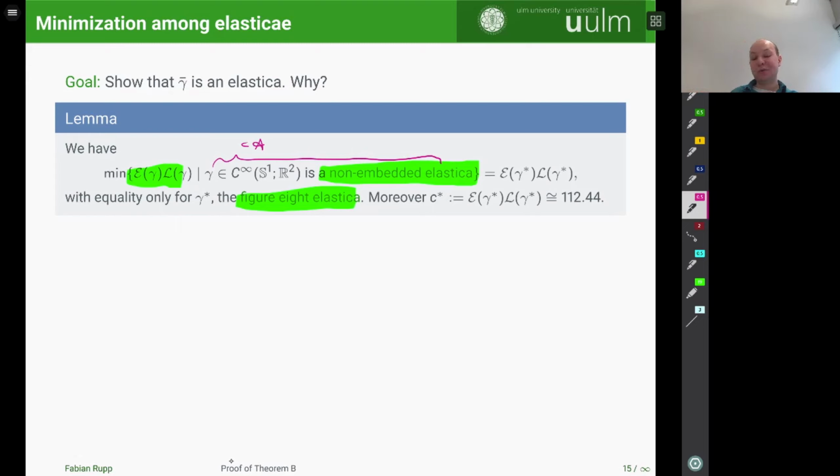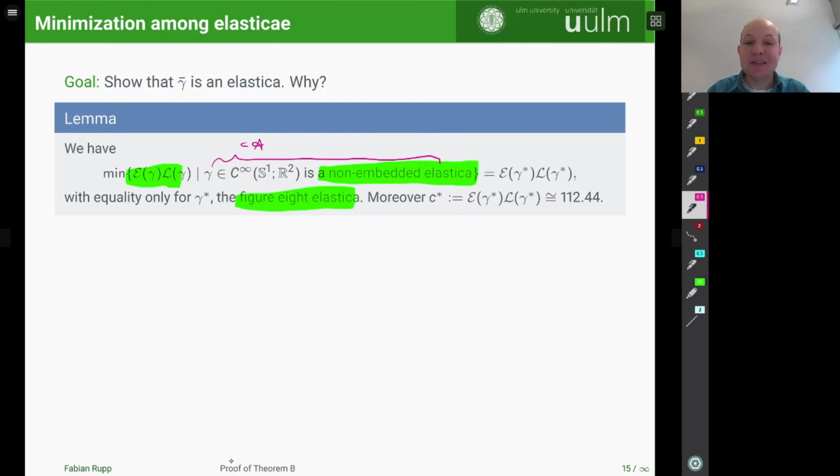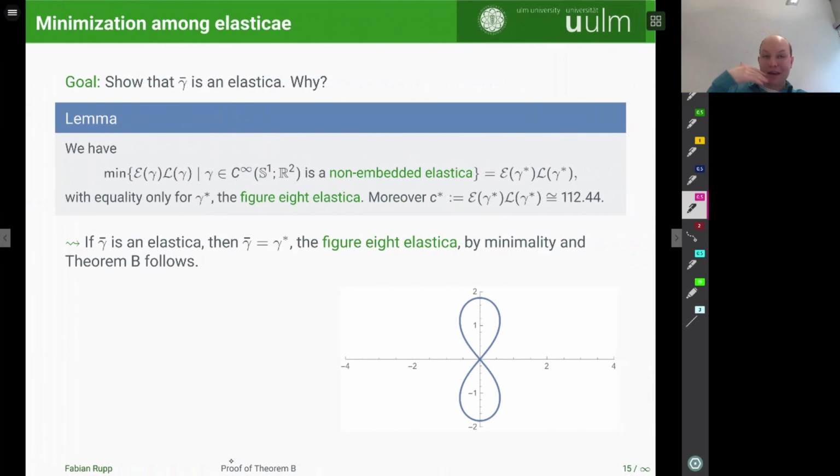And then one just has to compute the energies and compare them. Okay, so what this lemma gives us is that if we can conclude that gamma bar is an elastica, then it has to be the figure 8 elastica by the minimality, and theorem B follows from that.